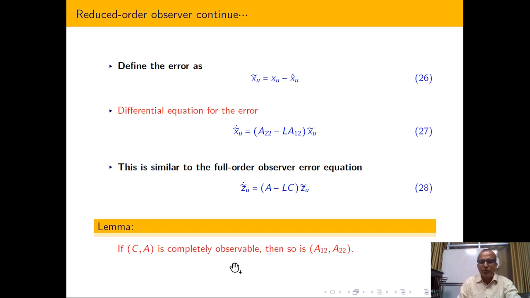Whenever I am not going to prove something, it means that the proof is available in the literature and I am going to avoid it. It is already well proven that if A and C is observable, then A22 and A12 are too.